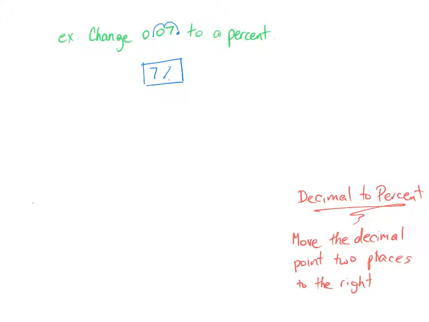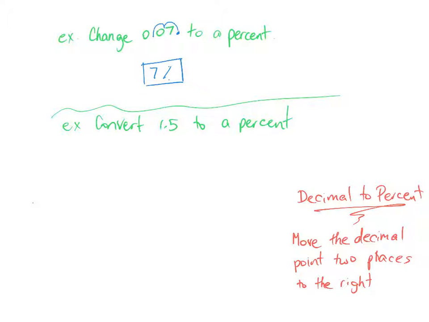Let's try another one. We're going to try one that looks a little bit different, and that might take us to over 100%, which is okay. I want us to now convert 1.5, not 1.5%, but just 1.5 to a percent. Same rule applies.